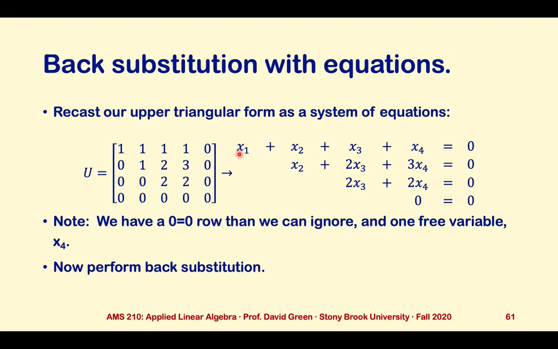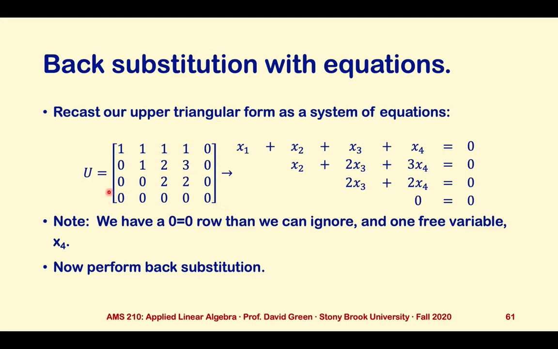The first row reads x1 plus x2 plus x3 plus x4 equals 0, as written here. The second row reads 0 plus x2 plus 2x3 plus 3x4 equals 0. This reads as 0 plus 0 plus 2x3 plus 2x4 equals 0.